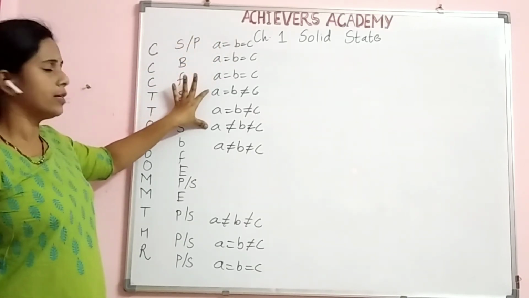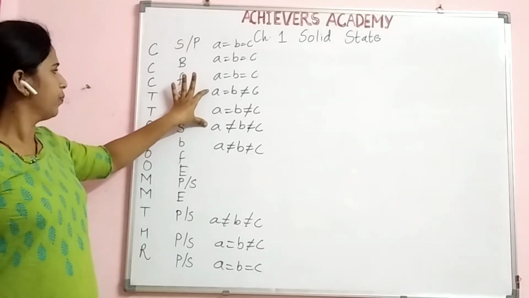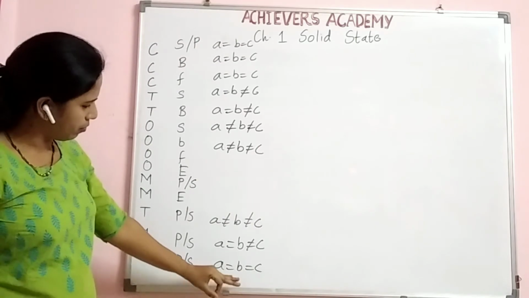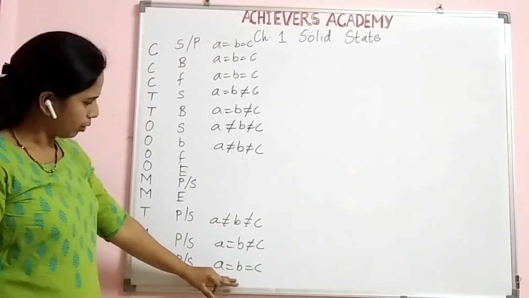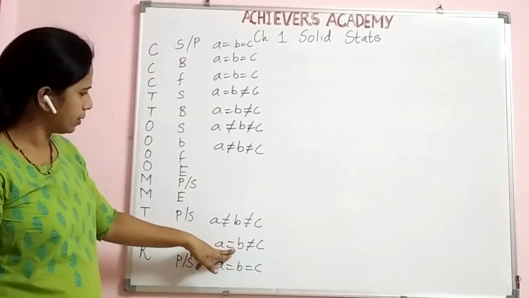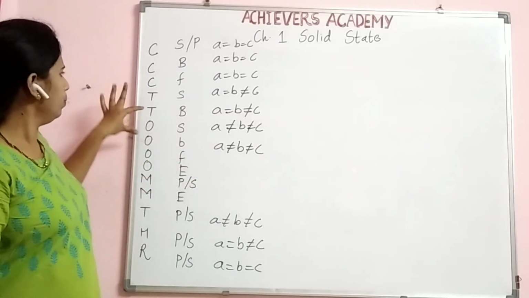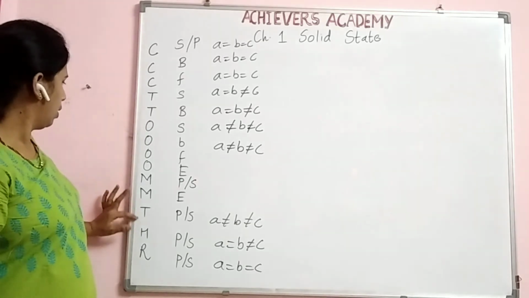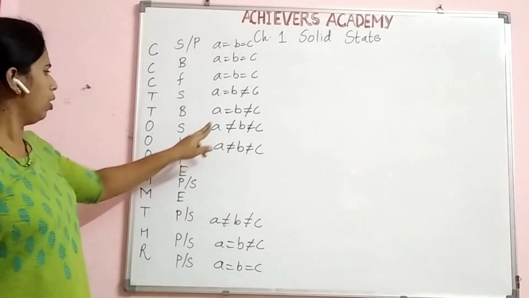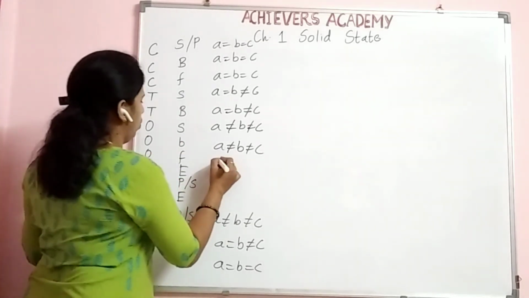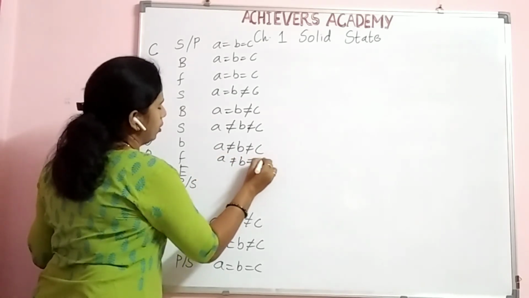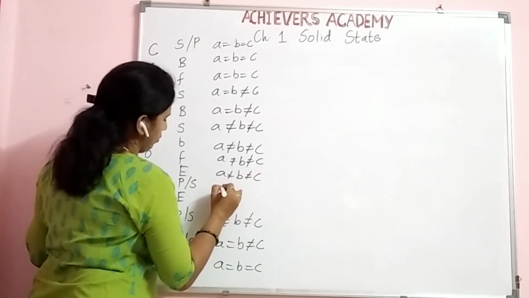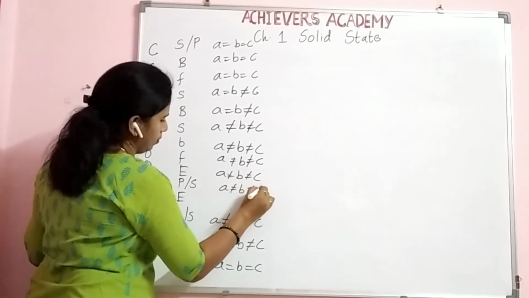Then A is equal to B, B is not equal to C. 2 times you have to write. Again this same condition at the end we will write. Okay, and this we will repeat once, and in the middle, that is from orthorhombic till triclinic, all will be not equal to each other. All edge lengths will be different. This way.